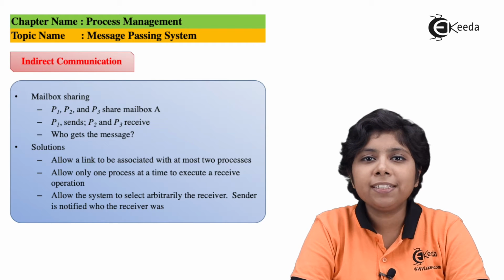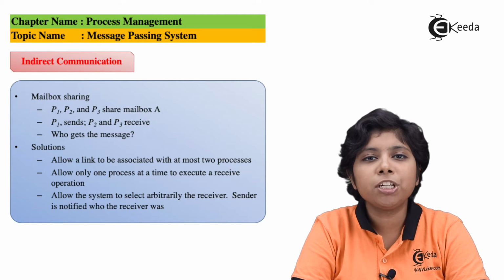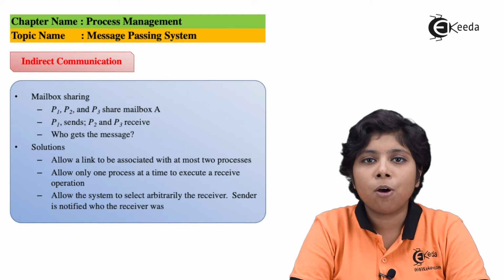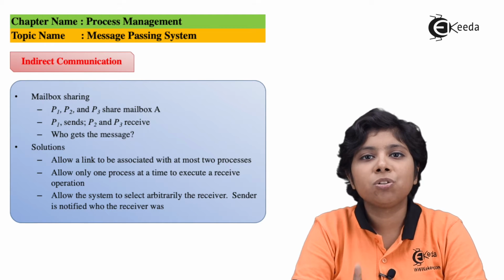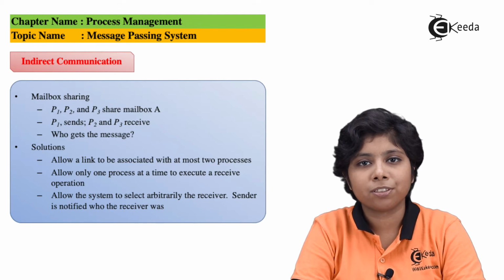Now, if the operating system is creating a mailbox, then it has its own implementation regardless of which processes are using the mailboxes. So, the operating system provides a mechanism for a process to create a mailbox, to access the mailbox, and to delete a mailbox.